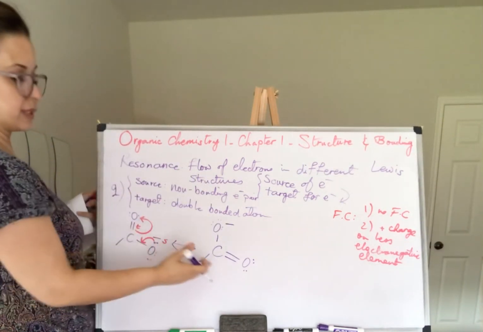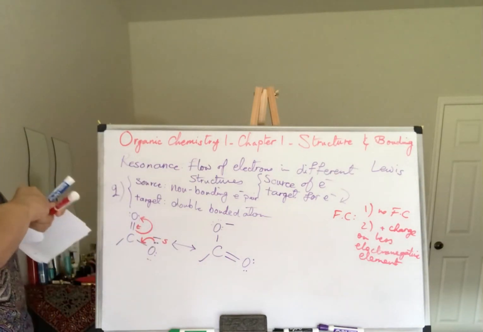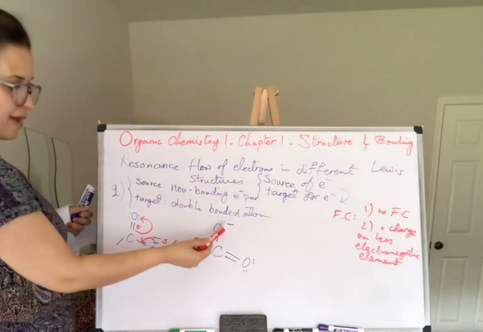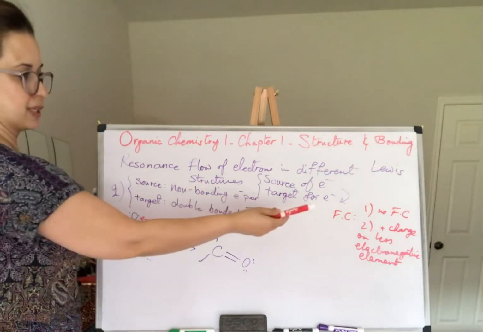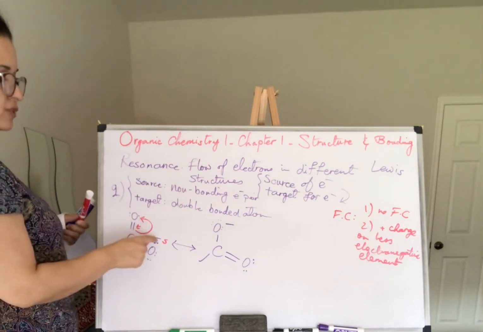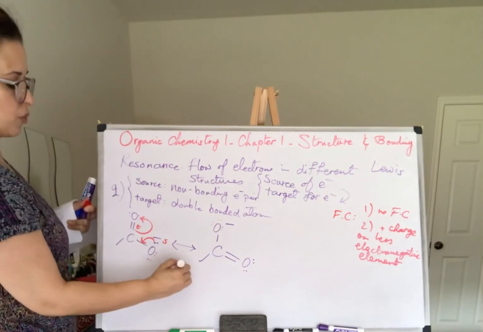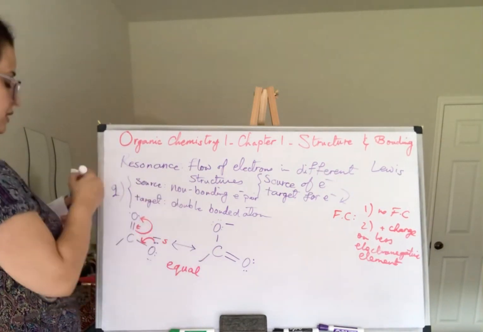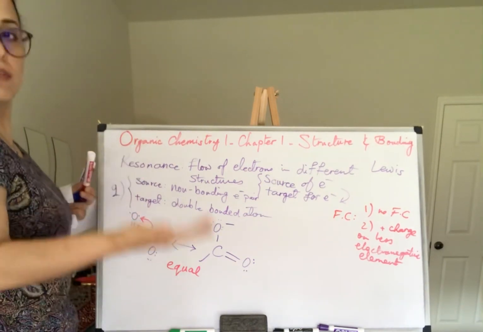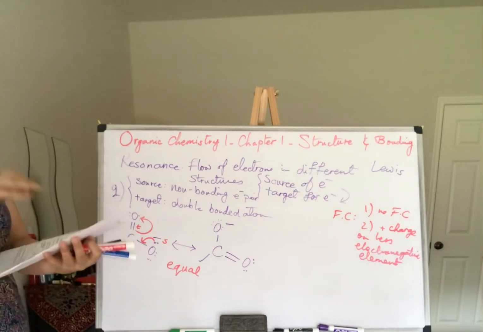Now, if you want to decide between these 2 Lewis structures, which one is more stable? Do we have 0 formal charges? No, we have a formal charge. But do we have a positive charge? No. And negative charge is on oxygens in both of them. So we have equal resonance structures. They both have the same stability. So 50-50. I hope it was clear.